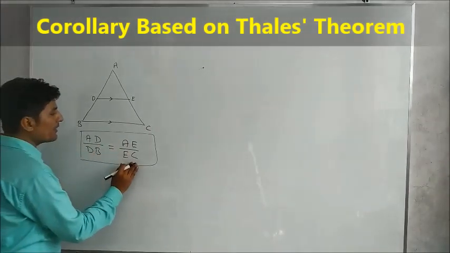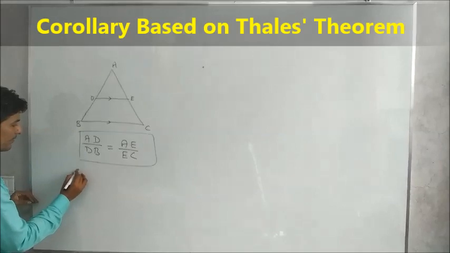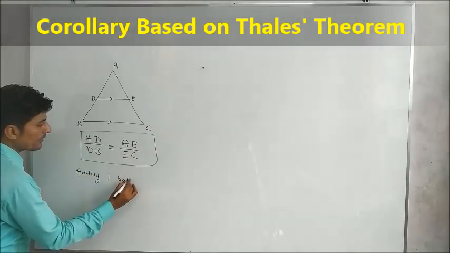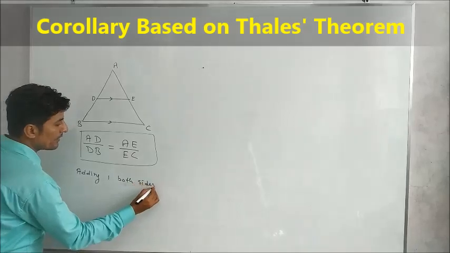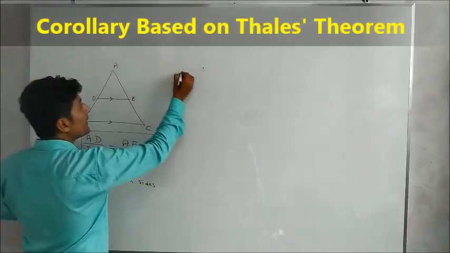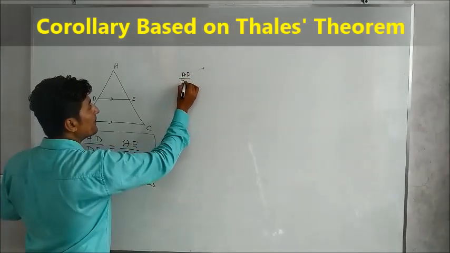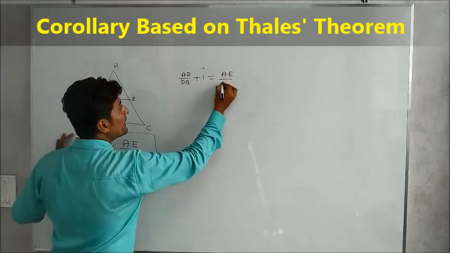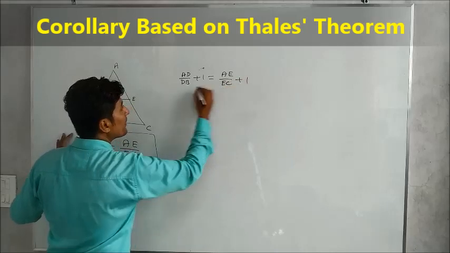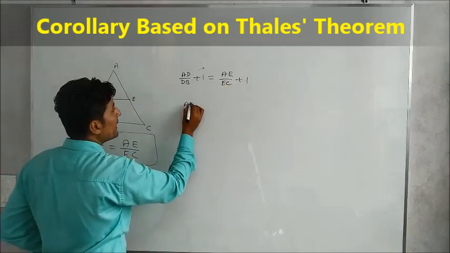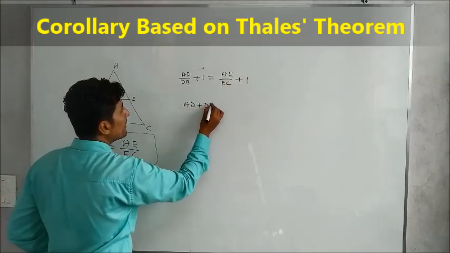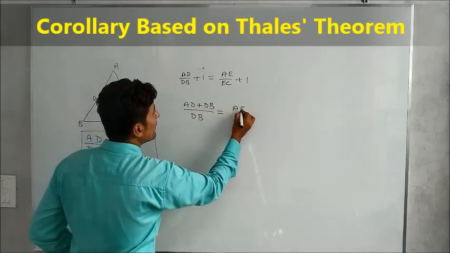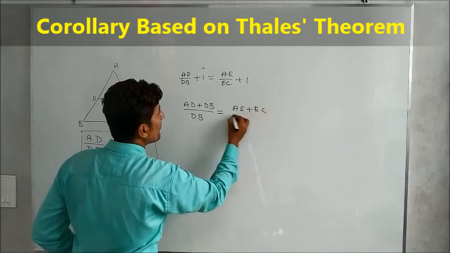If we add 1 to both sides, AD upon DB plus 1 equals AE upon EC plus 1. Now find the LCM. Here we can write AD plus DB upon DB equals AE plus EC upon EC.